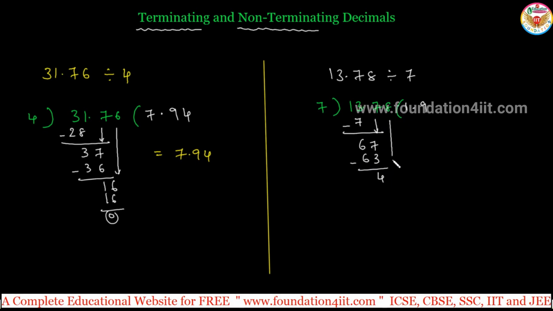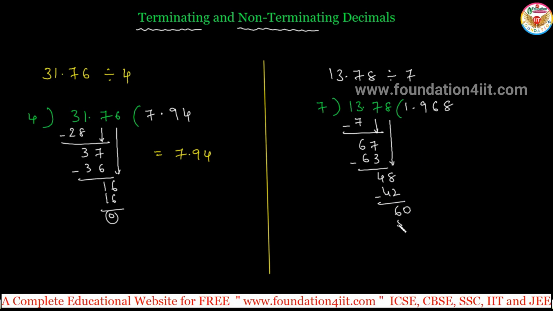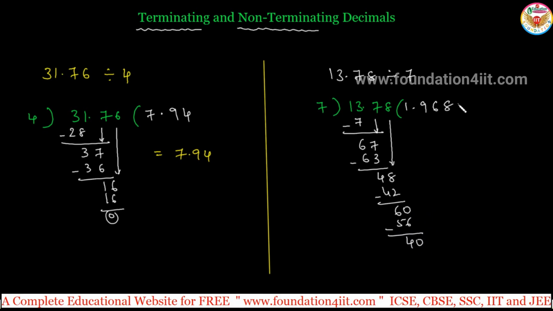Subtraction is 4. Next 8. So here 7 6s are 42. Remainder is 6. There is no more number to take down, just you can keep a 0. 60. Again check this, 7 into 8, 56, because 7 into 9 is more than 60. Subtraction is 4. Again 0. Right, 7 5s are 35.